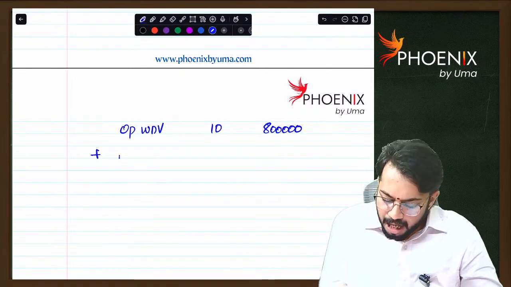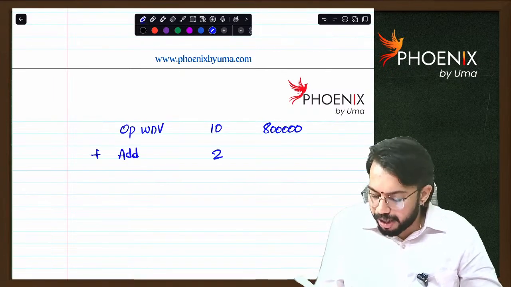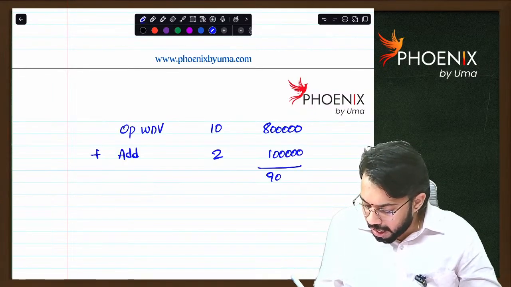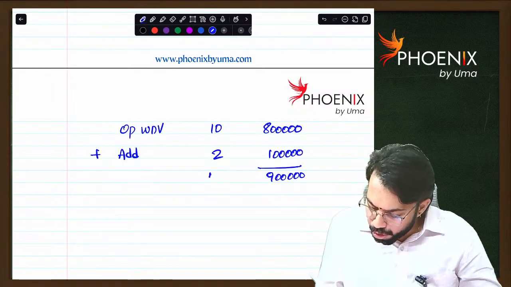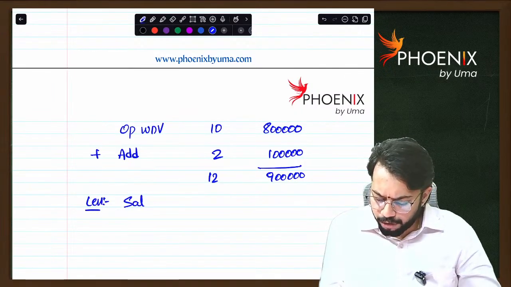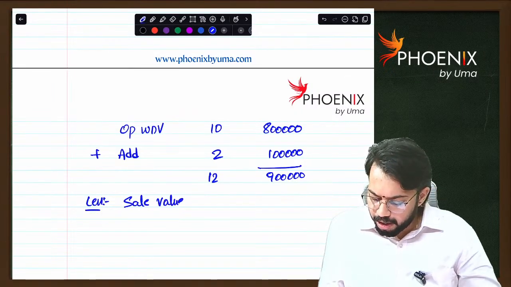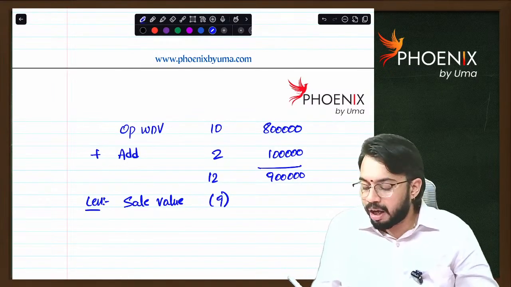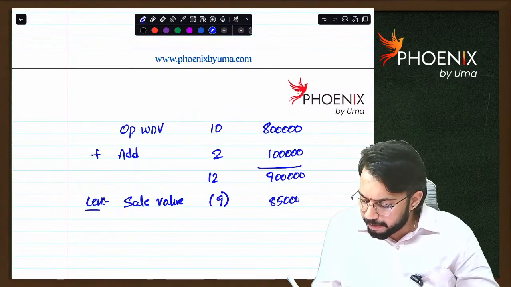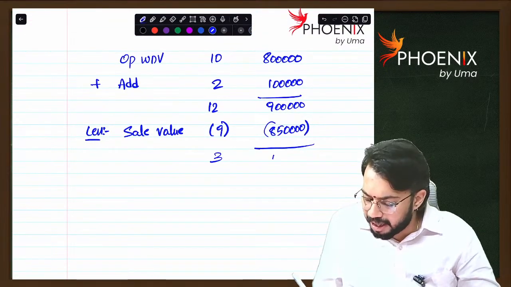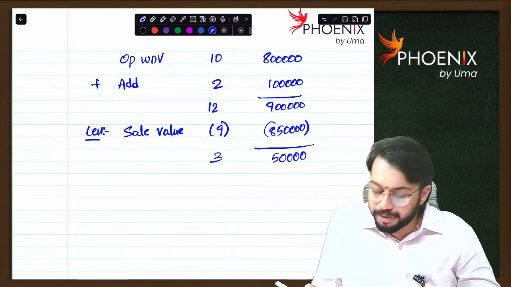Let's say there are additions. 2 assets, 1 lakh, 9 lakh, total assets 12. Let's say we sold assets, sale value of assets. Let's say we sold 9 assets, we sold them for 8,50,000 rupees. Now, how many balance assets are there? 3 assets are there, their value is 50,000.